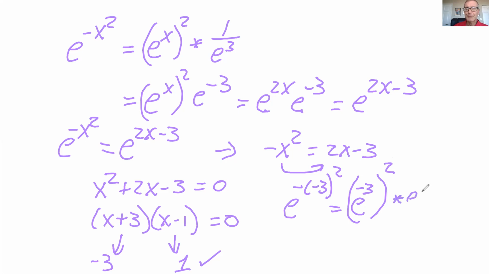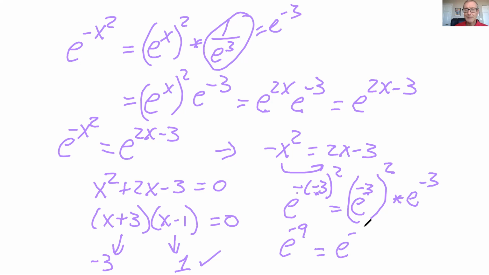And I'm just going to make this e to the minus 3 power, just to save a quick step. Remember, this equals e to the minus 3 power. And so if you do this, minus 3 times minus 3 is plus 9. And so we have 3 minuses, so this would be minus 9. And so minus 3 times 2 is minus 6. And e to the minus 3, which also equals e to the minus 9.